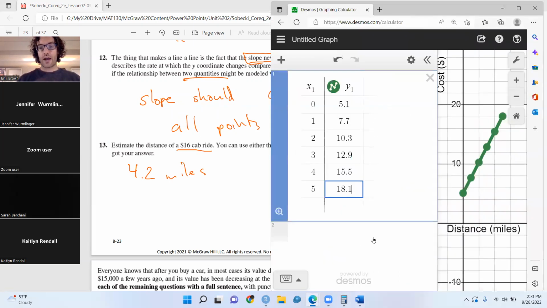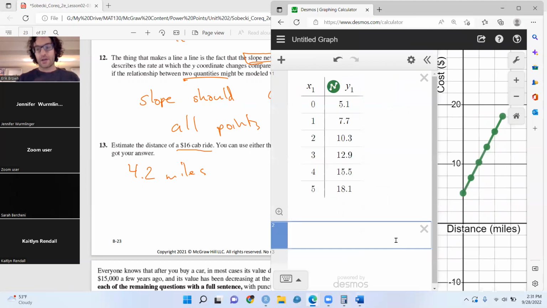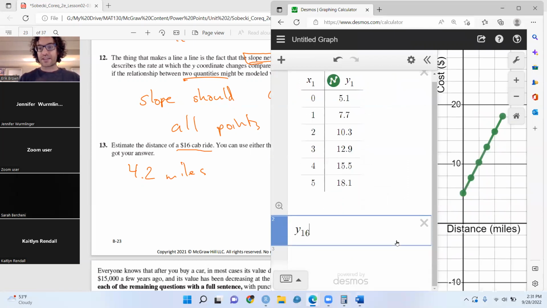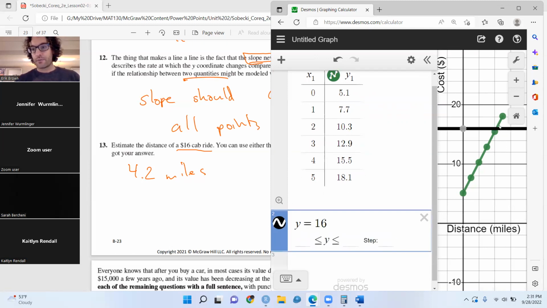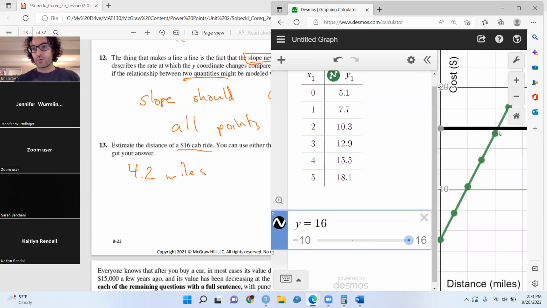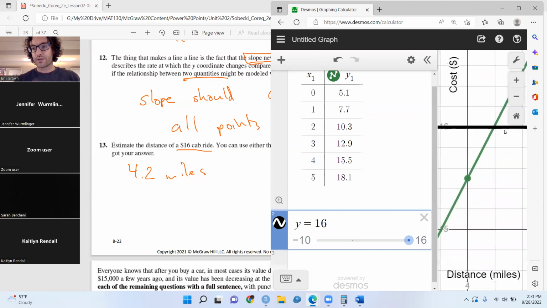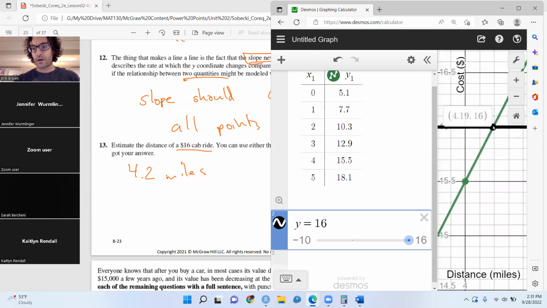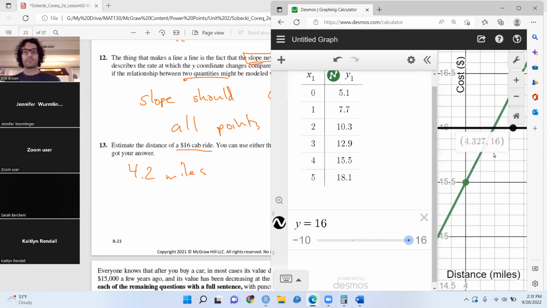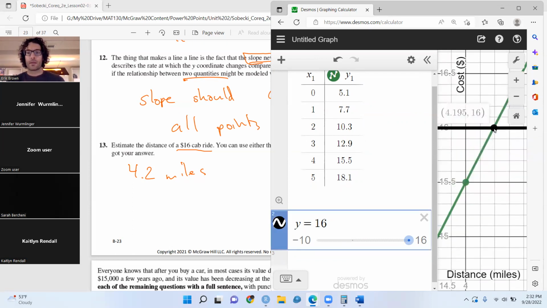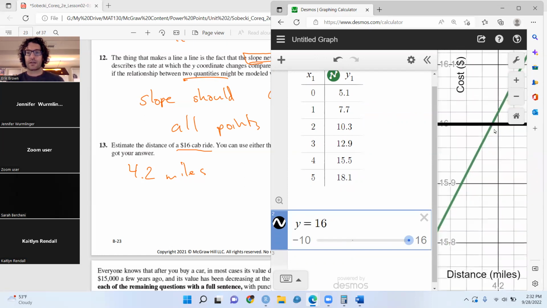We could look at the graph. If I graphed y equals 16, I could find it exactly. I'm going to zoom in a little bit. Looks like I was really close, 4.19, according to that. Although it's hard to tell if I'm exactly on that green line.